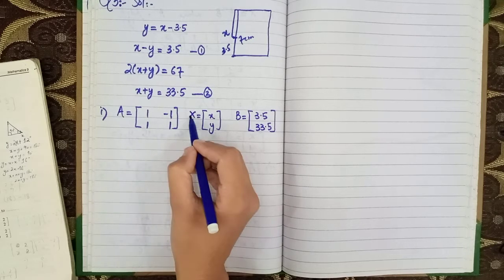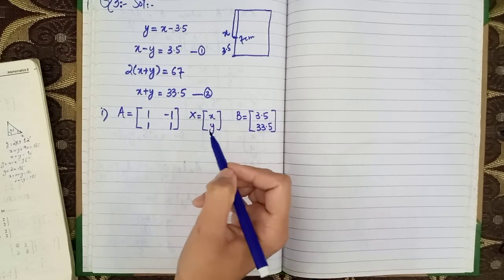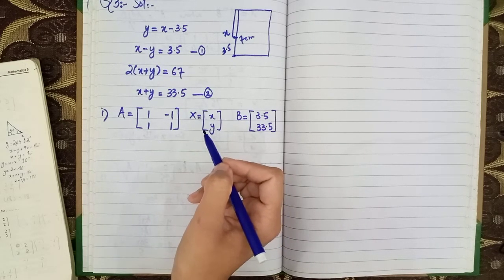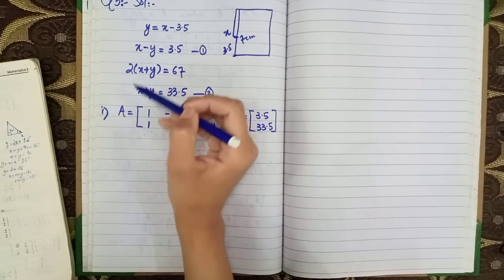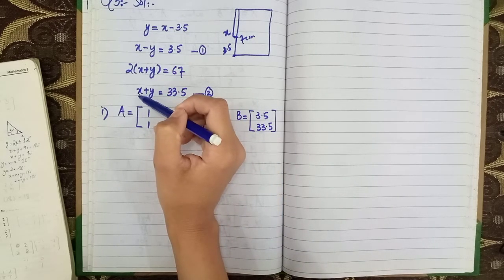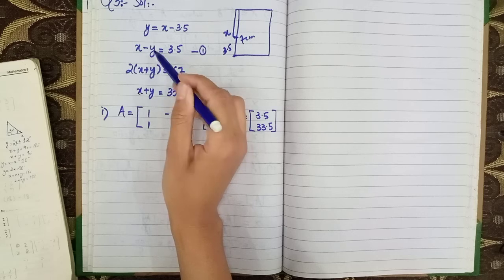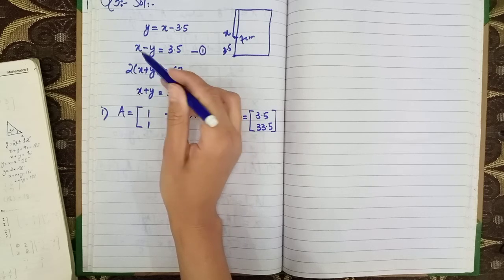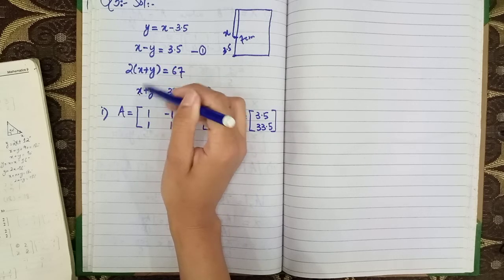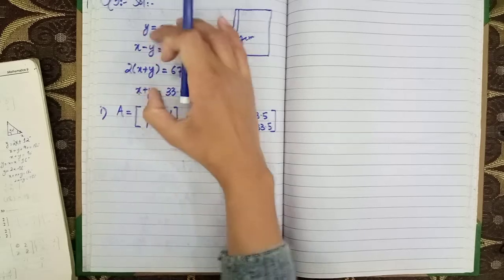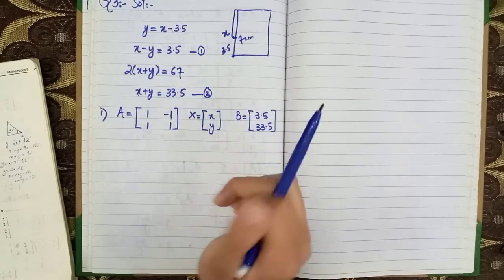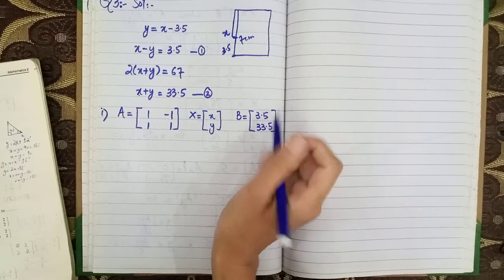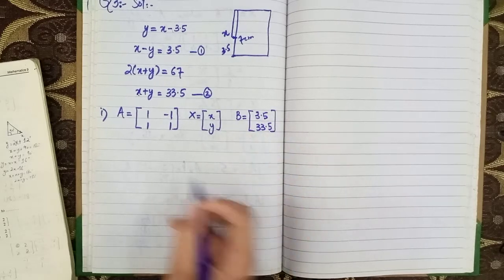These are the required matrices. You should be careful when you are making the equations. Both of the y should be at one place and both of the x should be at one place. Then after making them at the same place, you will choose the coefficients for A, X and B, entries for A, X and B.